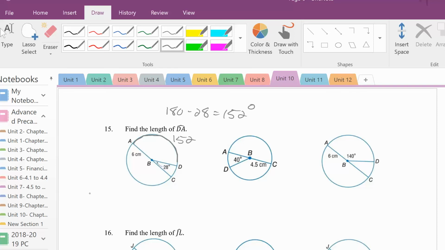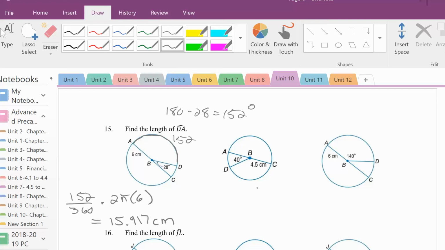So to find the length of DA, you take 152 over 360 times 2 pi times 6, and when you put that in your calculator, it gives you 15.917 centimeters. So that is the length of the arc.